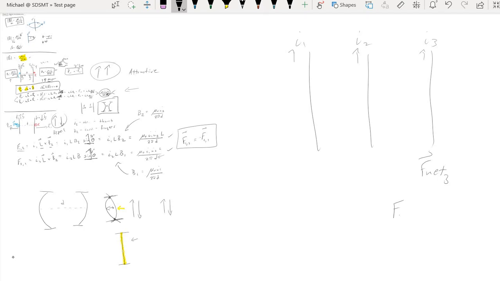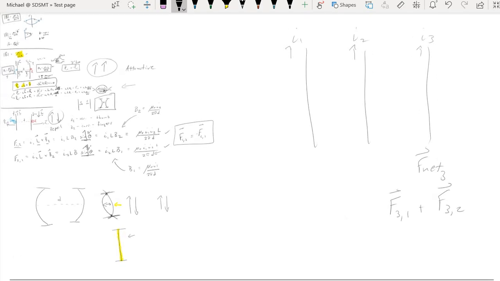Well, I would have to find the individual forces that wire 3 experiences from wires 1 and 2 and add them together. And I can do that by figuring out how the field from wire 1 is going to affect wire 3, and how the field from wire 2 is going to affect wire 3.